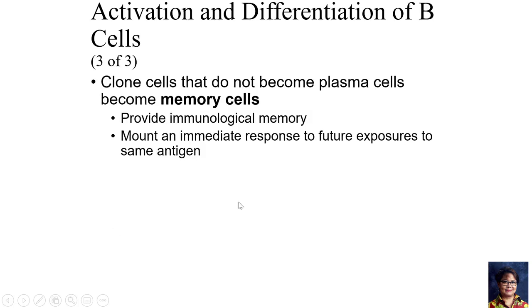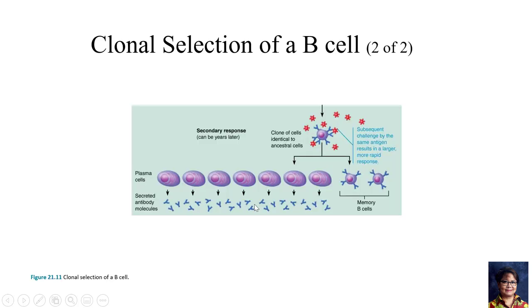So clones that do not become plasma cells can become memory cells, and this will provide immunological memory that can help us conquer our battle by mounting an immediate response for future exposures to the same antigen. All right.